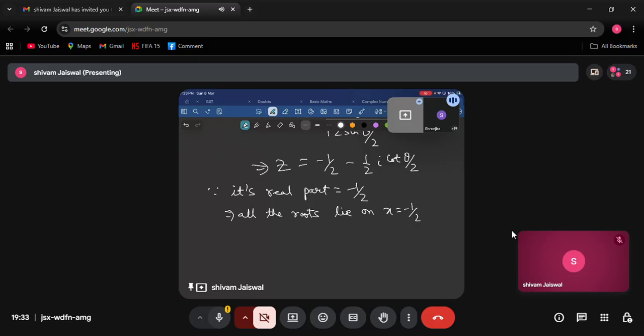Are you getting? Can you see? This implies all the roots are collinear.